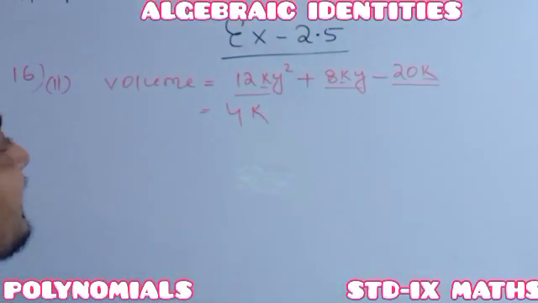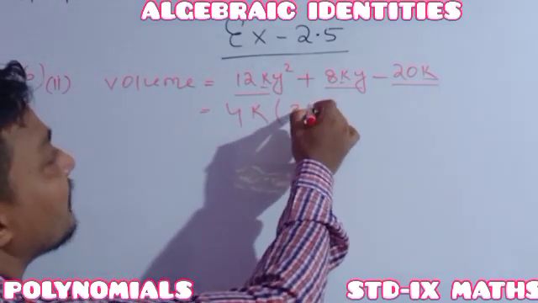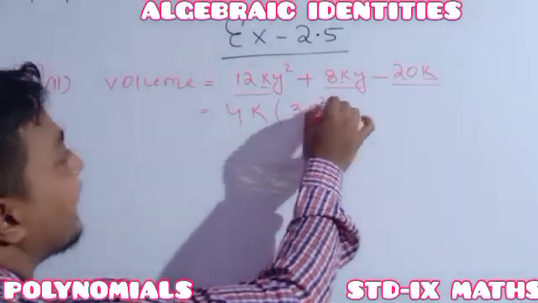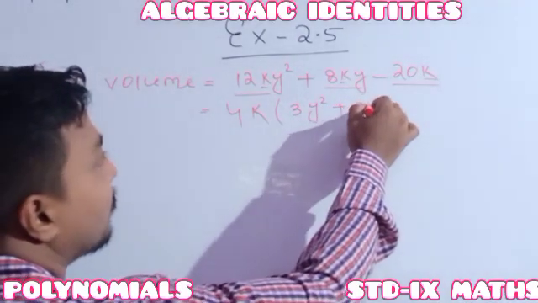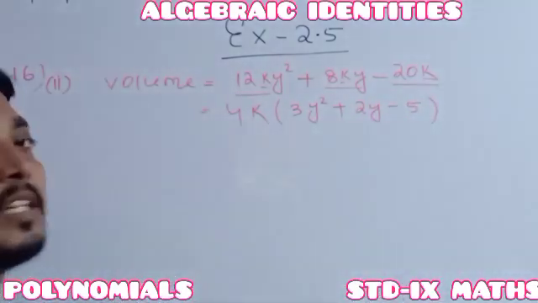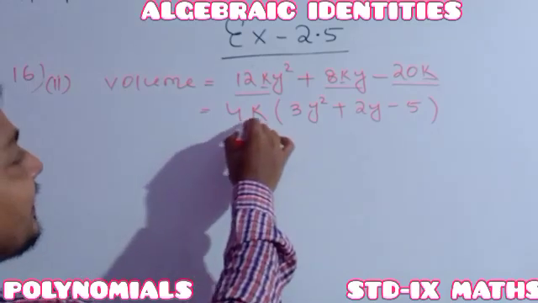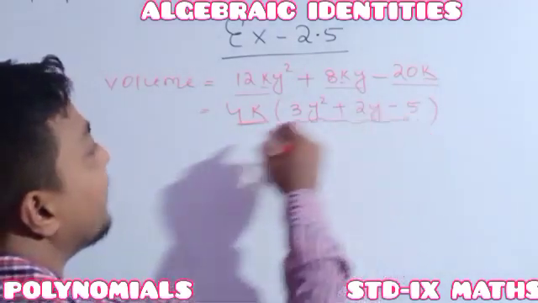After taking 4k as the common, within the bracket what is left is 3y square plus 2y minus 5. Here I got a quadratic, so once again I have to do the factorization.